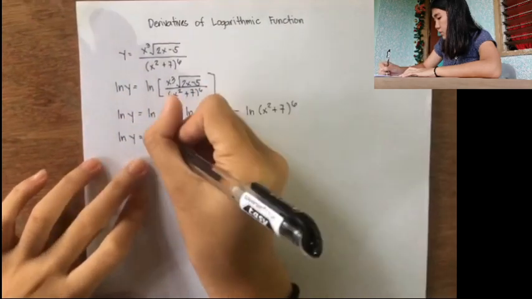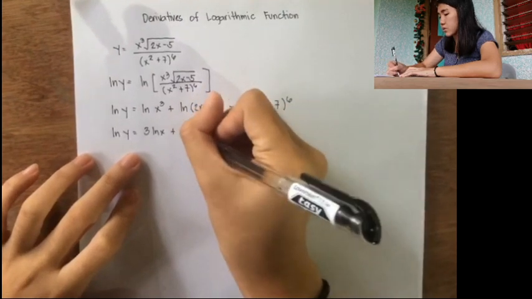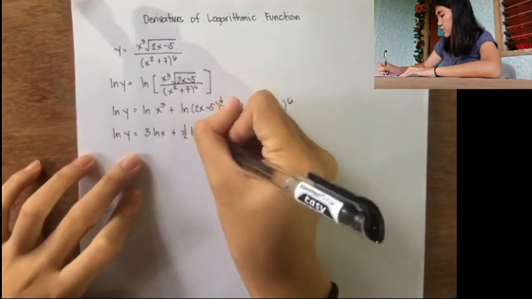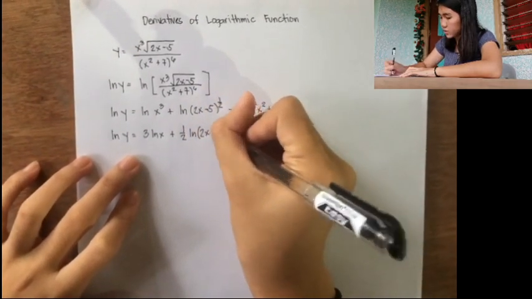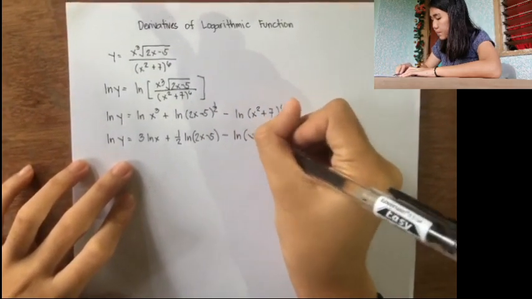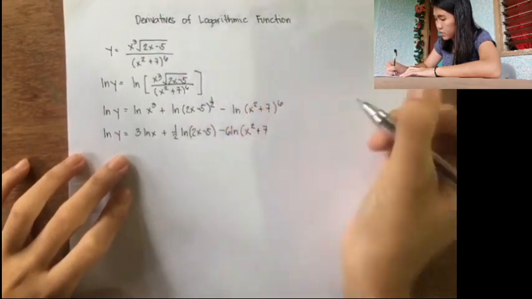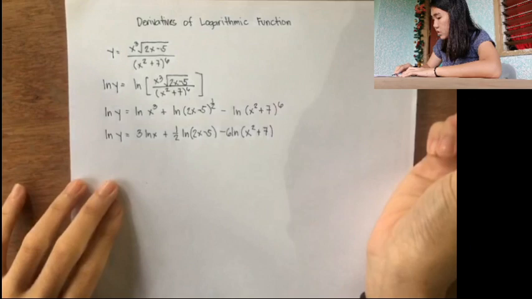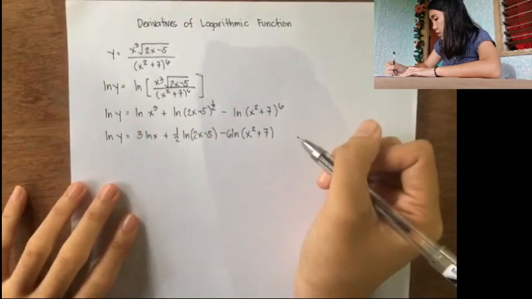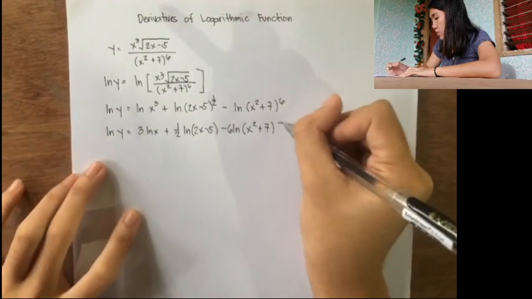Ln y equals 3 ln x plus 1/2 ln 2x minus 5 minus 6 ln x squared plus 7. And now we can differentiate both sides.